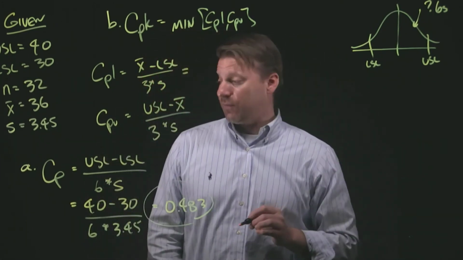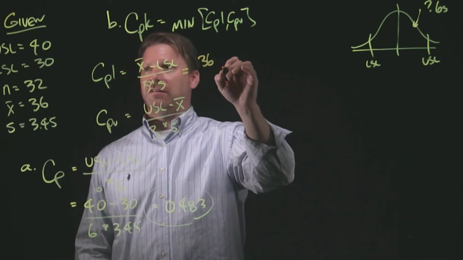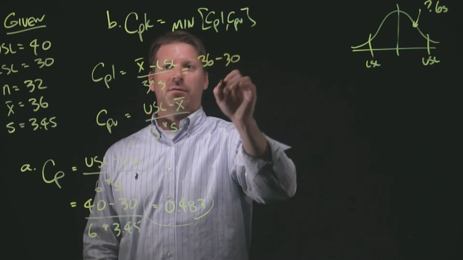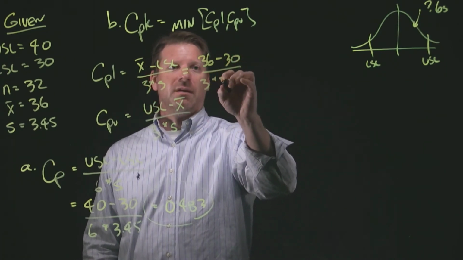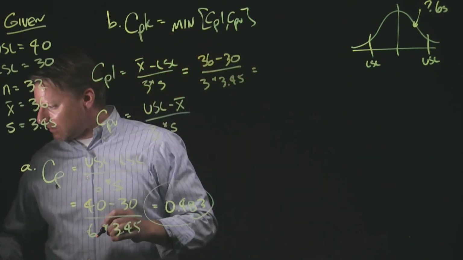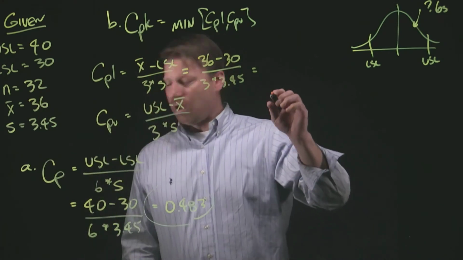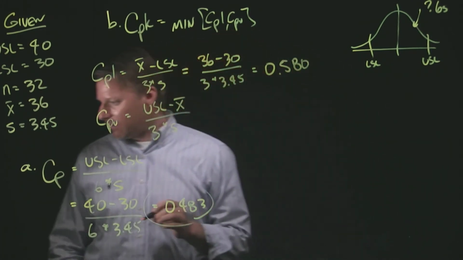In terms of calculating this value, we're just going to put our numbers in here. We had an X bar equal to 36 minus 30, my lower specification limit, all divided by 3 times 3.45. That results in a CPL of 0.58, rounding slightly.